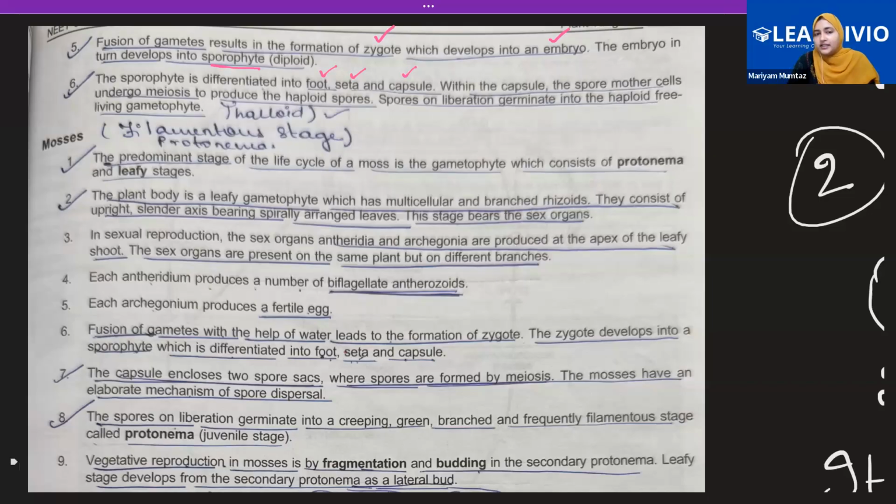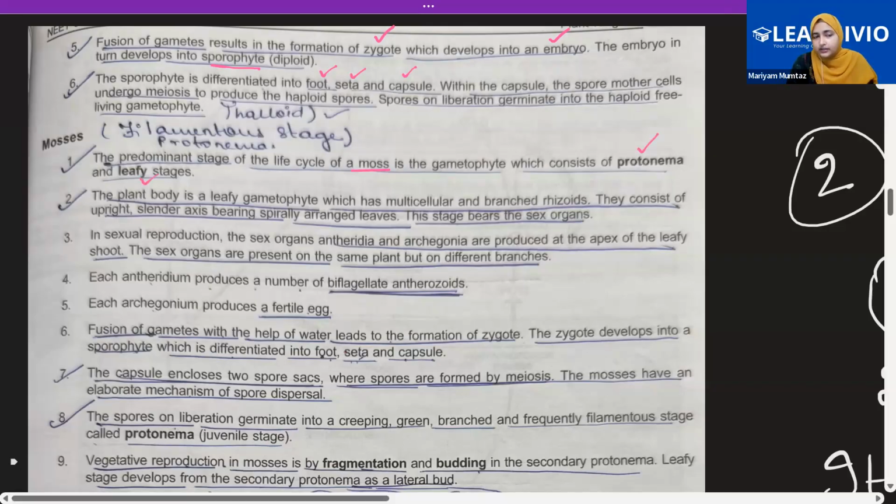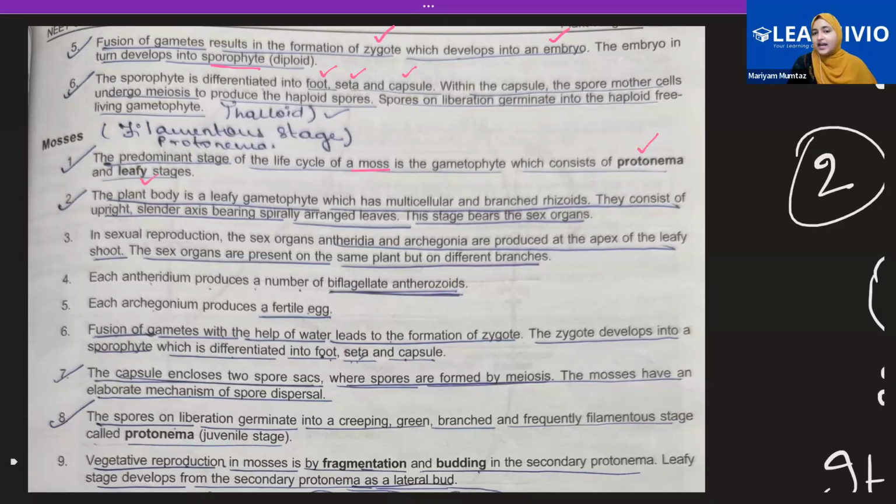The predominant stage of the life cycle of a moss is the gametophyte, which consists of protonema and the leafy stage. The plant body is a leafy gametophyte, which has multicellular and branched rhizoids. They consist of an upright, slender axis, slender meaning thin, that bears spirally arranged leaves.